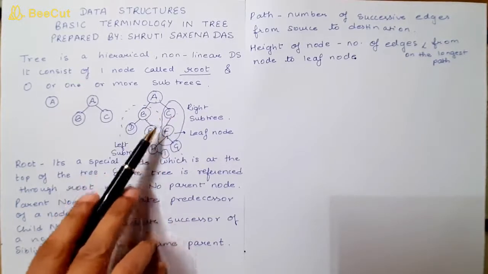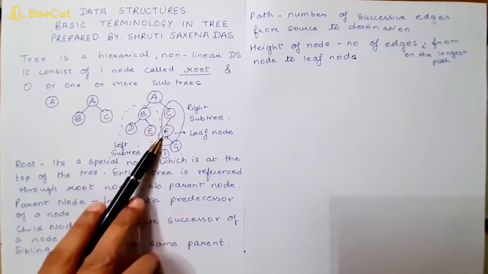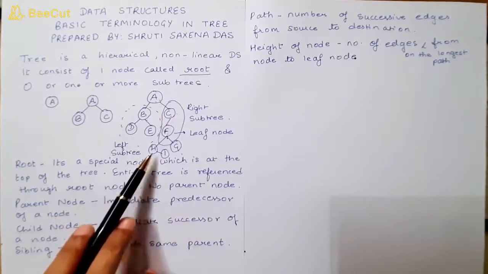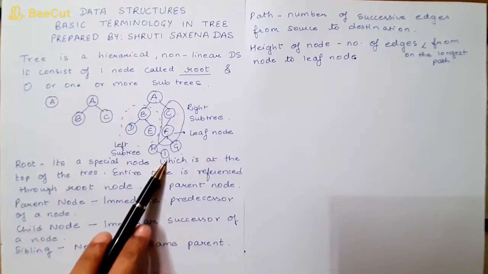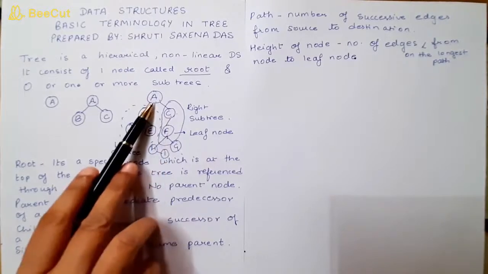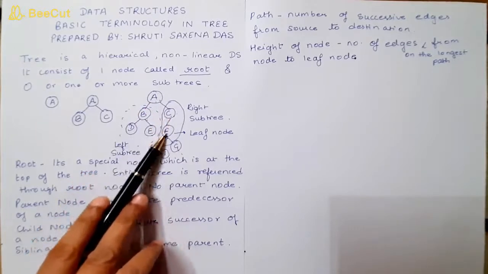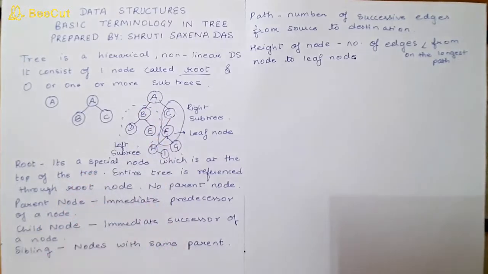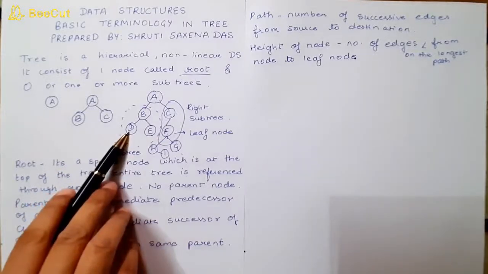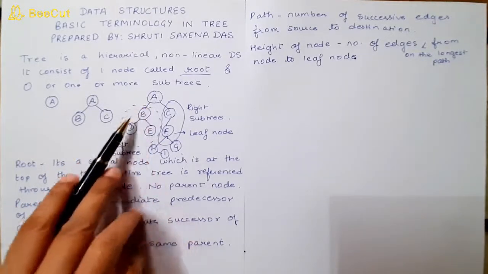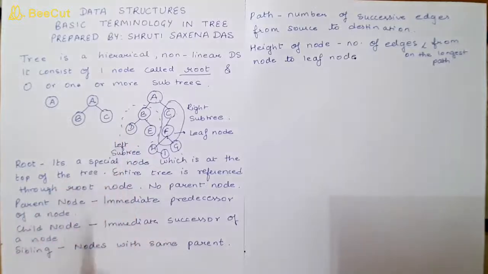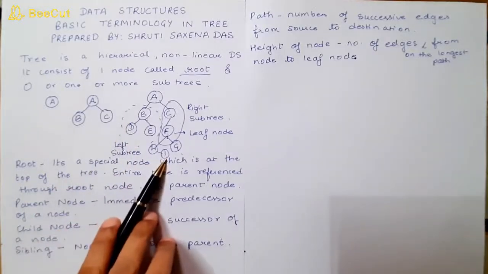A to C is 1, C to F 2, F to H 3, H to I 4. Because if you take the leaf node G, in that case A to C, C to F, F to G, only 3 will come. If you take D as a leaf node, then the height of A will be 2 only. You have to take the longest one, so we will take I as the leaf node.